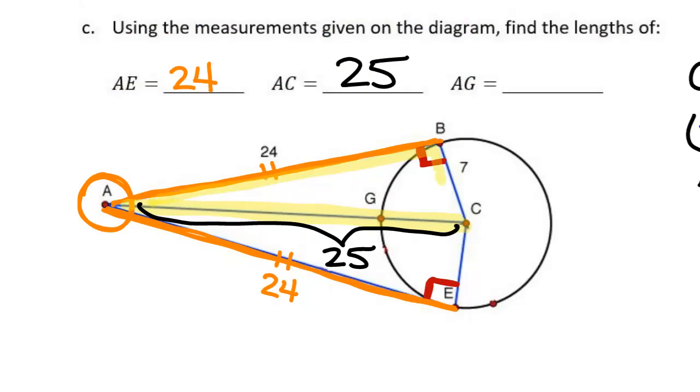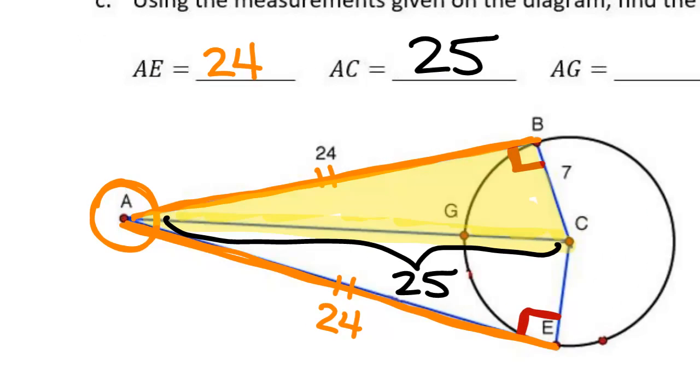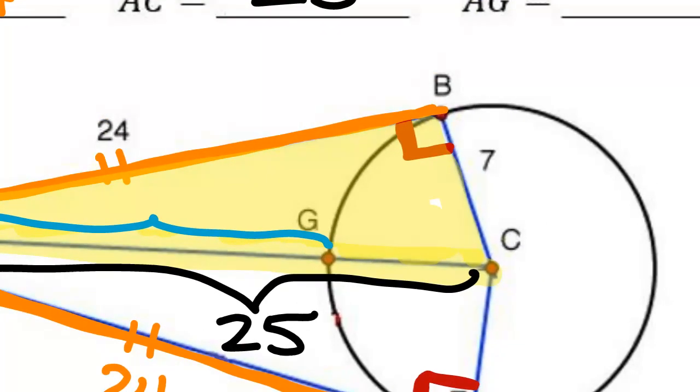All right, last thing they want me to find is AG. Well, AG is just this bit right here. Is that the whole hypotenuse? No, it's the part that's outside of the circle. How big are the radii in circle C? 7.